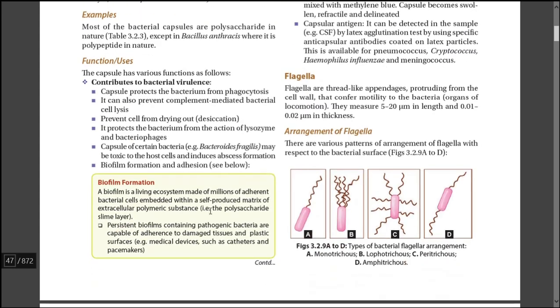Flagella are an important component of bacteria which confer motility.